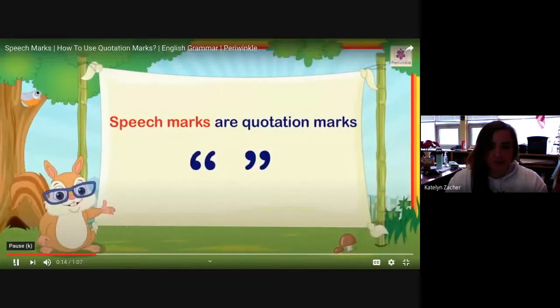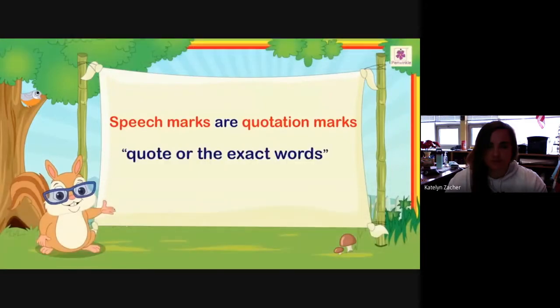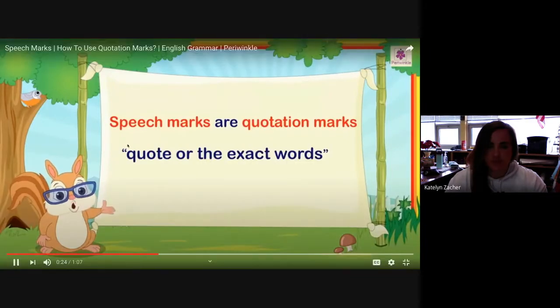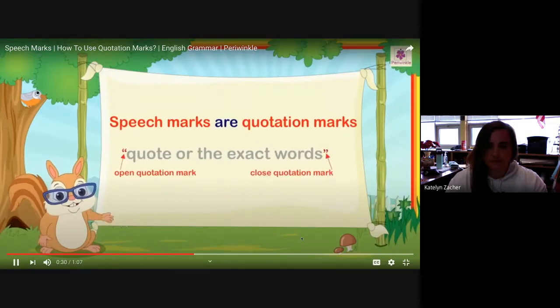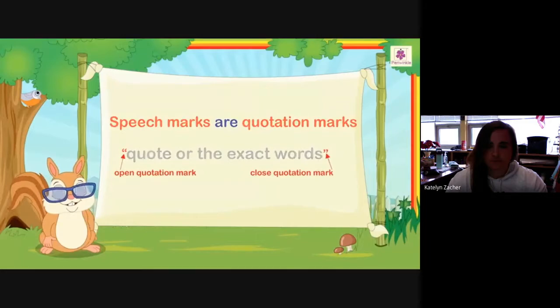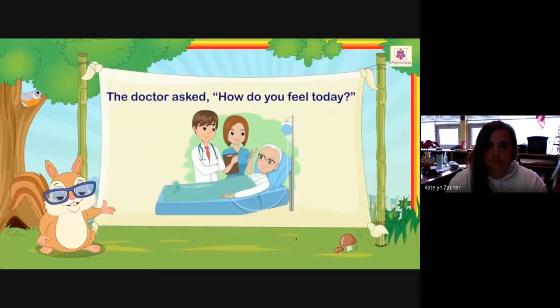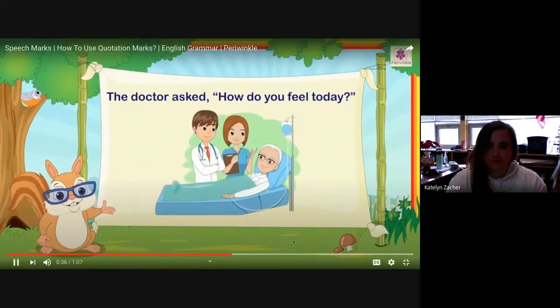Speech marks are quotation marks that show the exact words of a speaker. Keep the quote or the exact words inside the open quotation and the closed quotation marks. For example, the doctor asked, "How do you feel today?"